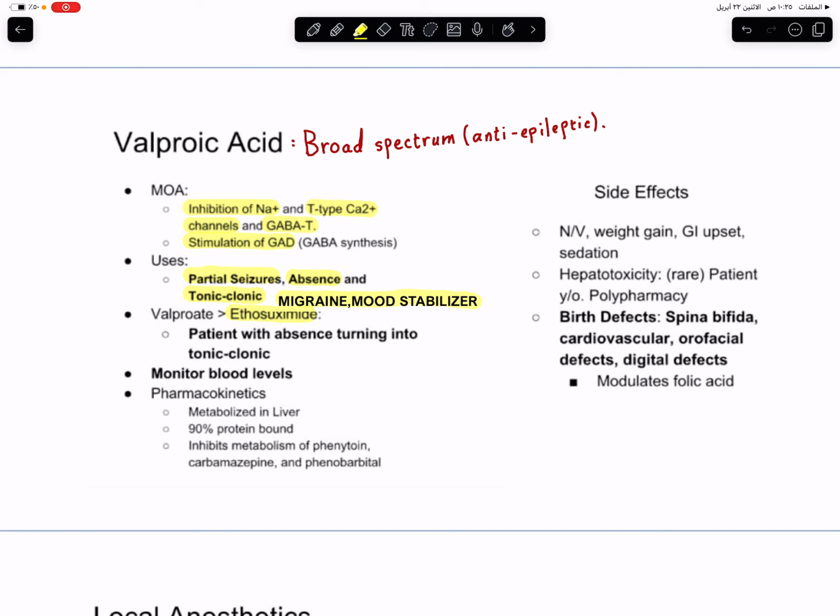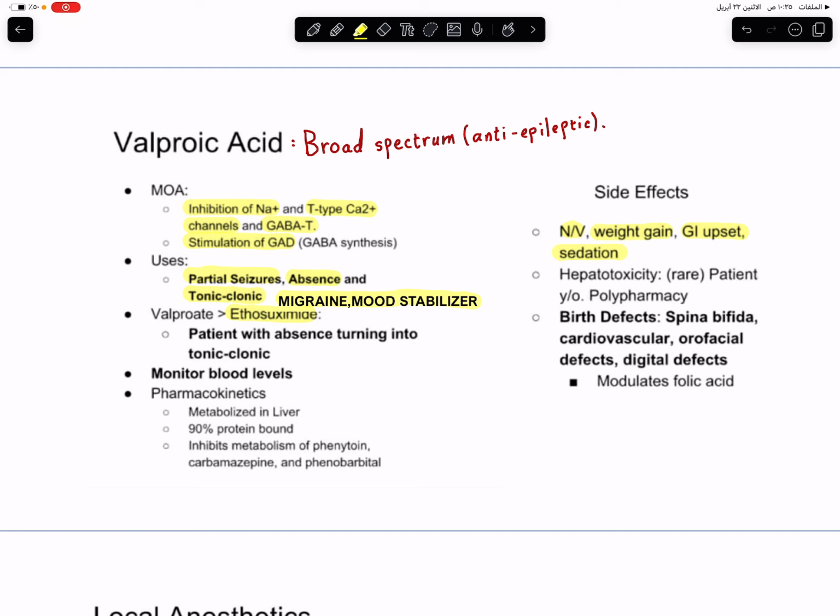Side effects. The first one is NV. NV stands for? Nausea and vomiting. The second is weight gain, GI upset, and sedation. Why does it cause sedation? Because it stimulates or increases the GABA. So any drug that will stimulate or increase the GABA will cause sleep.